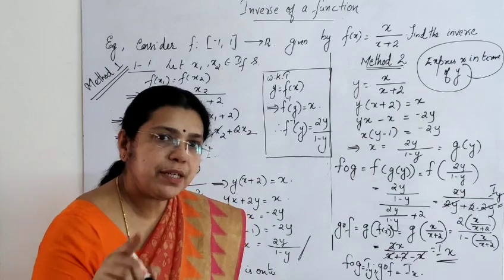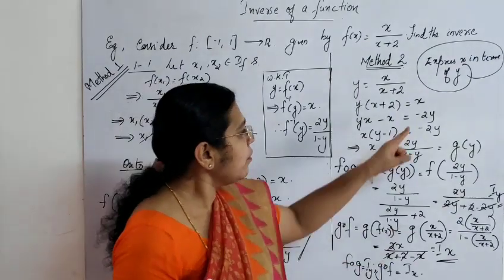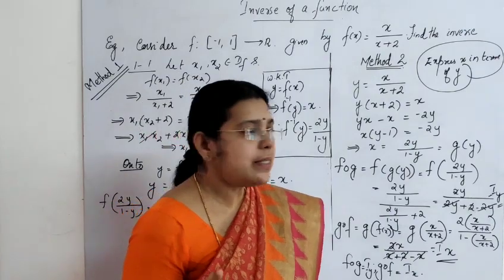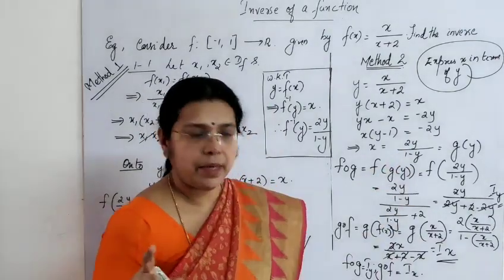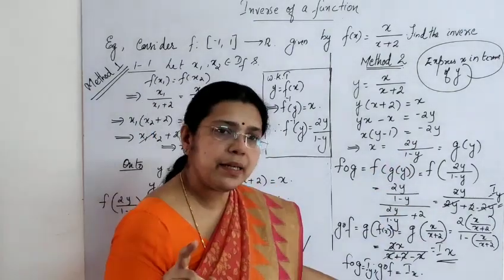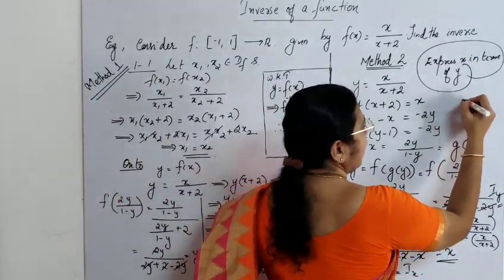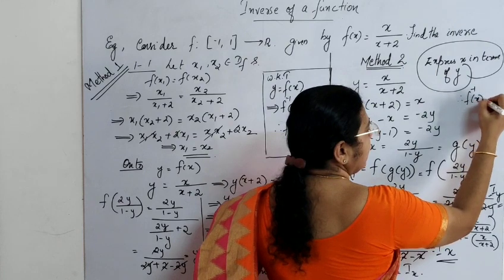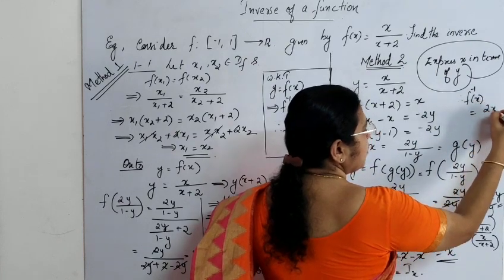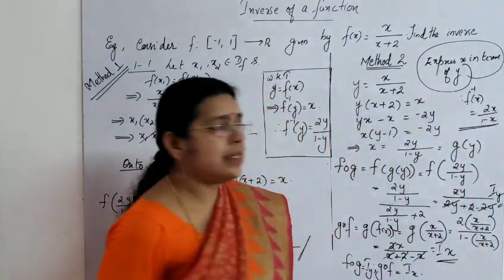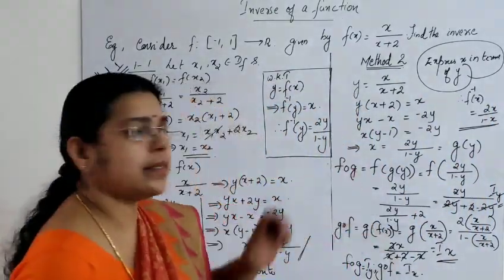That is, f inverse of y is 2y by 1 minus y, and f inverse of x is 2x by 1 minus x. So once I get to this particular expression, I can readily write, therefore, f inverse of x is equal to 2x by 1 minus x. I'll write that the inverse exists and f inverse of x is this.